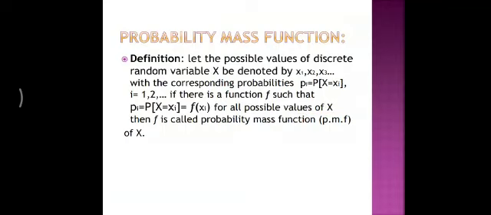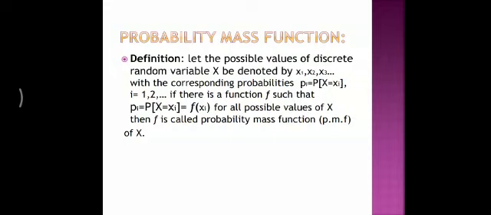Next, the probability mass function definition. Let the possible values of discrete random variable x be denoted by x1, x2, x3 and so on with corresponding probabilities pi equal to probability of x equal to xi, for i equal to 1 up to so on.